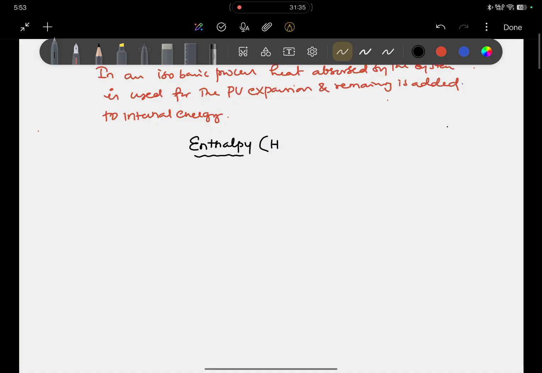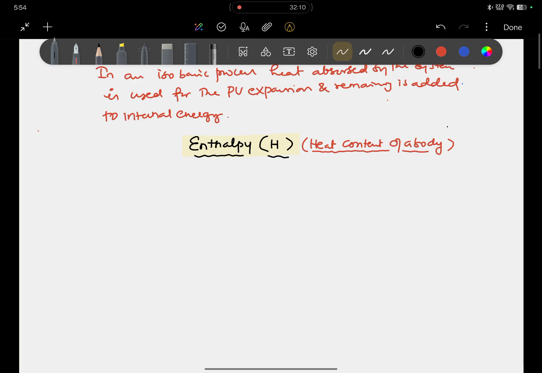So this is denoted by the letter H, and the definition for enthalpy is given. Actually, what is enthalpy? First of all, you should know what is enthalpy, right? Enthalpy is nothing but the heat content of a body.